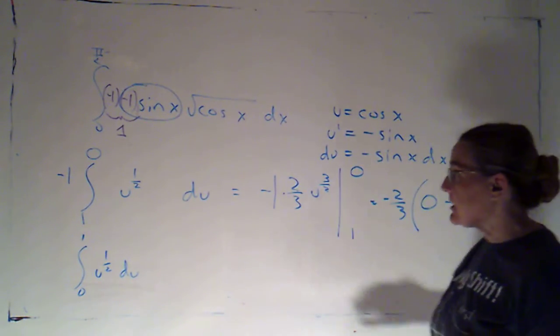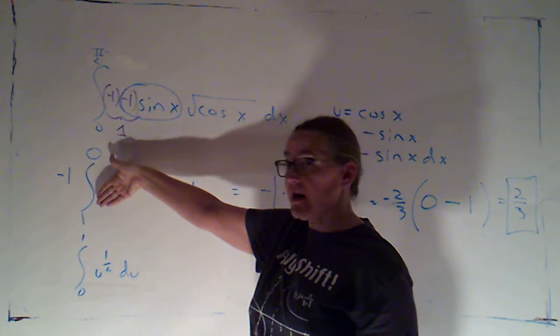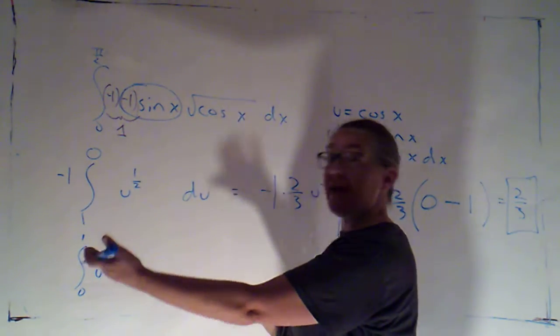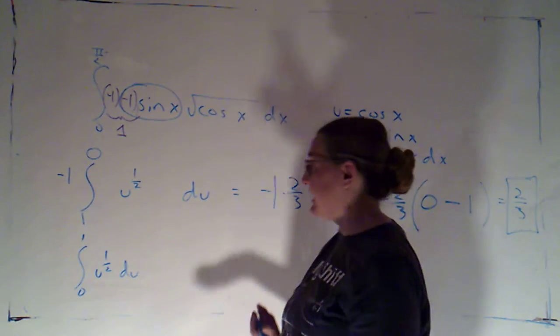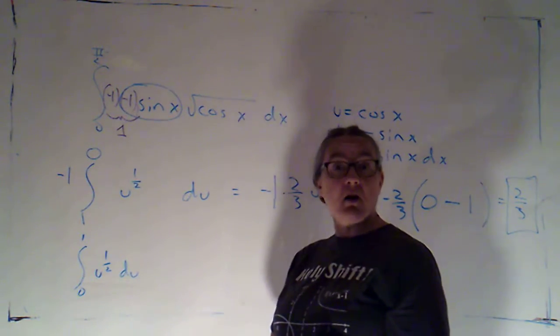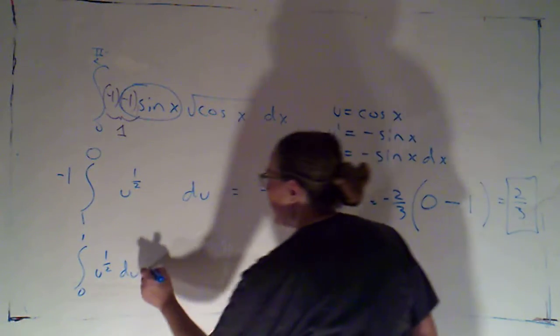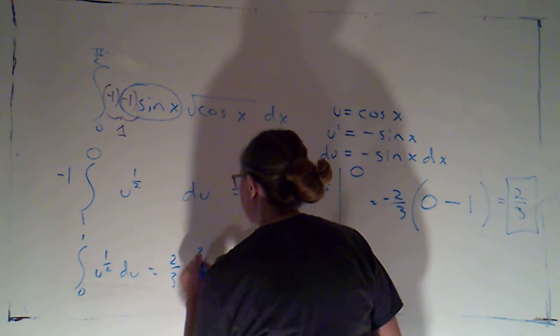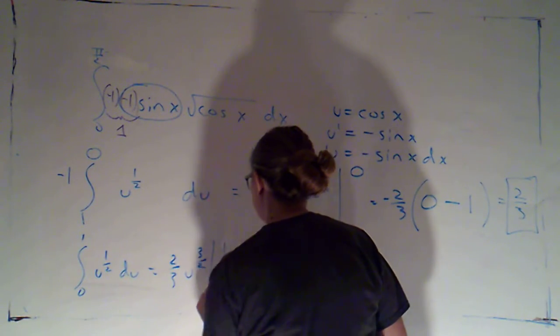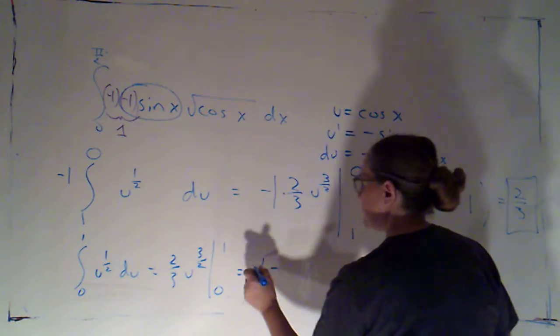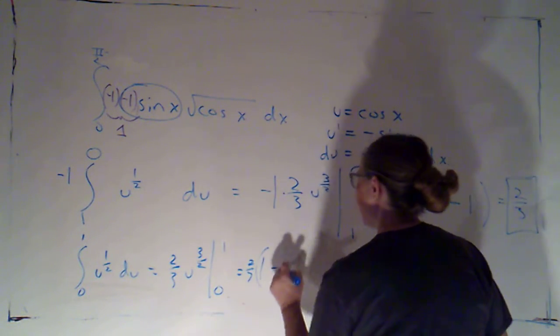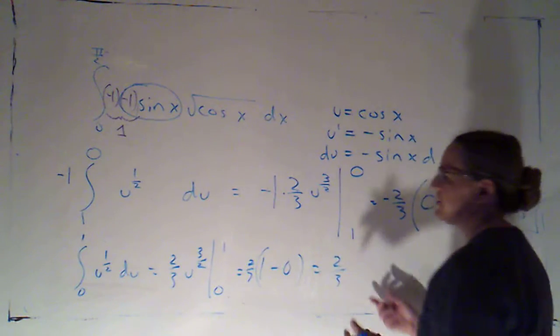So that's always an option if you want to flip the limits of integration. If there's already a negative there, you're using that negative sign to do that. If there wasn't already a negative sign there, I'd have to introduce one when I switched the limits. And then I just get 2/3 u to the 3/2 evaluated between 1 and 0, and that's 2/3 times 1 minus 0, which is 2/3.